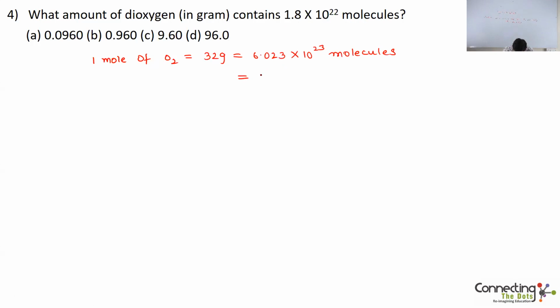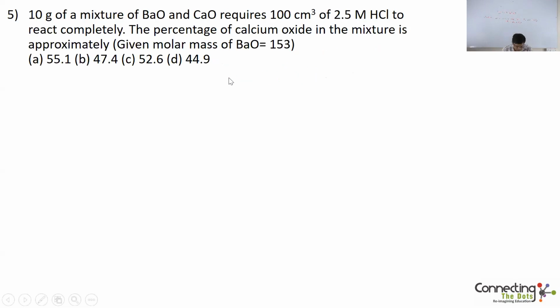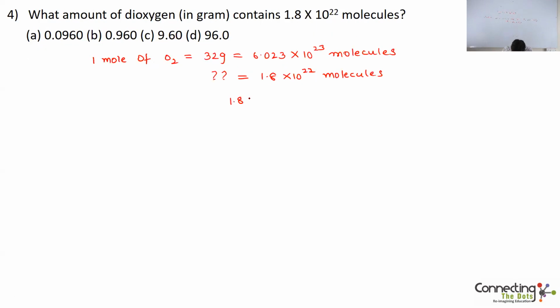So we have 1.8 times 10 power 22 molecules. How many grams is it equivalent to? It will be 1.8 times 10 power 22 divided by 6.023 times 10 power 23, times 32. Approximately you can round the 6.023 off to 6. So 18 divided by 6 is 3, so it is 0.3.